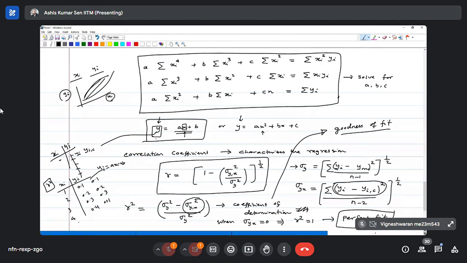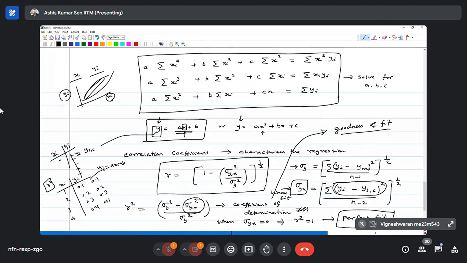Now, this is for a linear fit, when it is in a xi plus b form. This sigma yx definition whatever we have given is for a linear regression or linear fit.